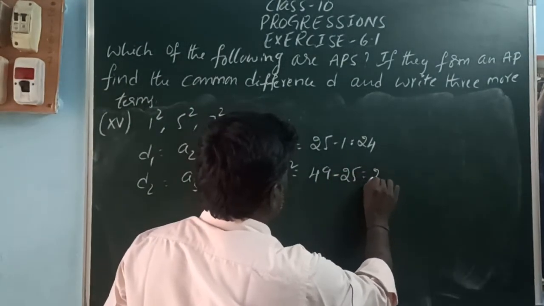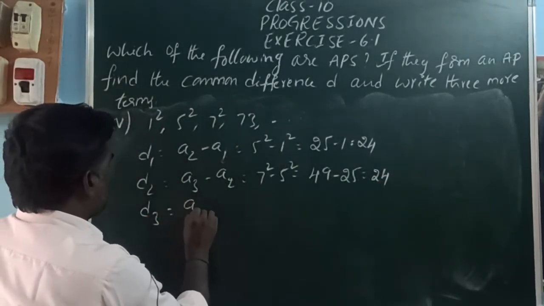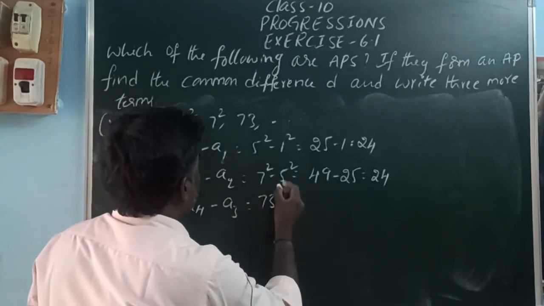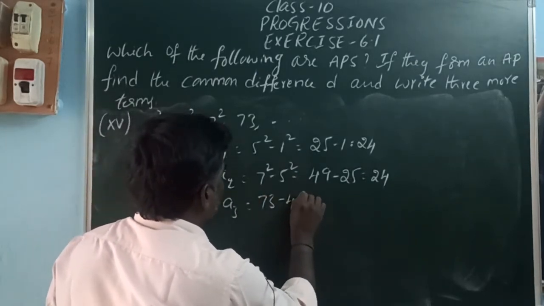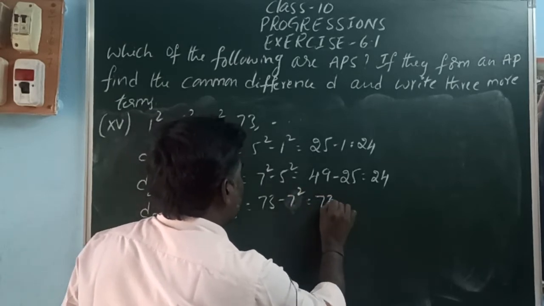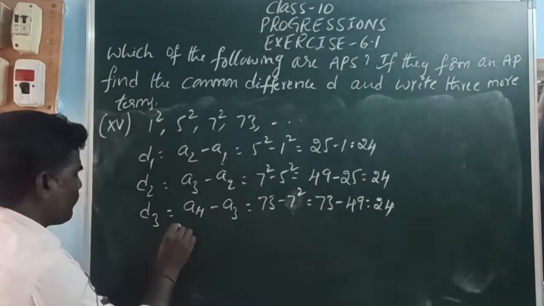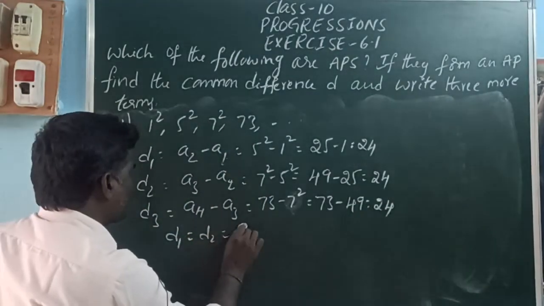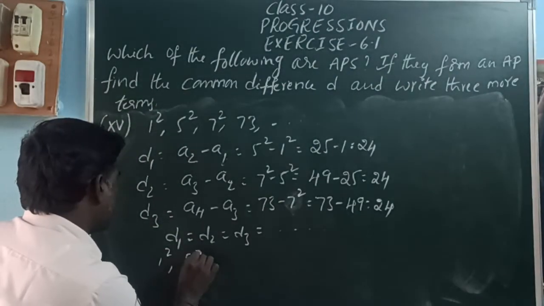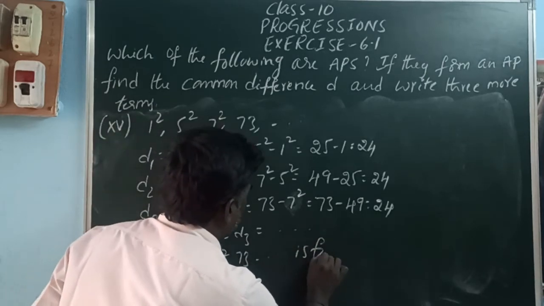So how much do you get? 24. So next common difference. So a4 minus a3. So that is here 73 minus 7 square 49. So 73 minus 49, that is how much? 24. So the common difference is same. d1 is equal, d2 is equal, d3 and so on. So therefore 1 square, 5 square, 7 square, 73 forms an AP.